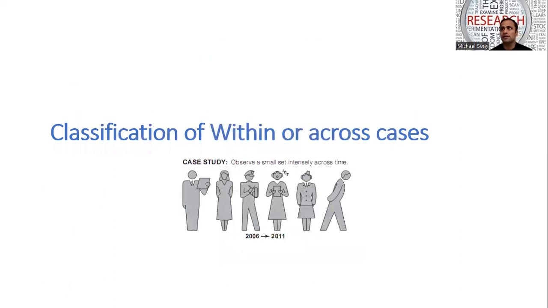The third type of classification could be whether it is within or across the cases. A case study is one of the most versatile forms of studies to understand why a particular event or phenomenon occurred. And the unit of analysis could vary from an individual to a society.